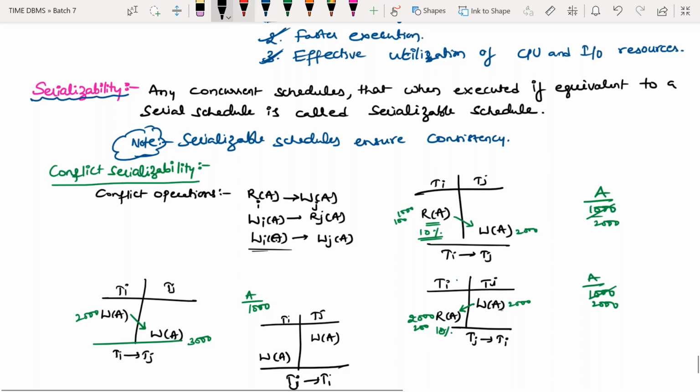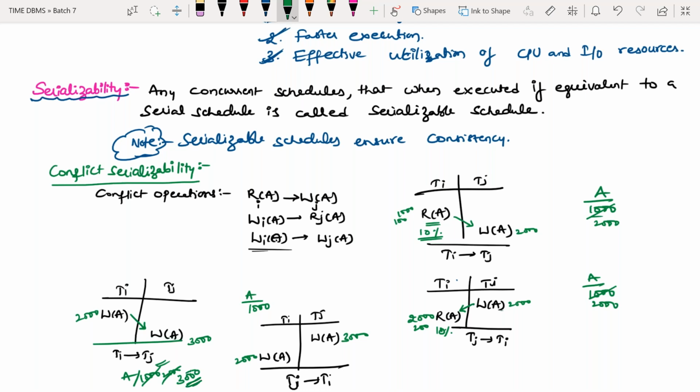Now look: the value of A is 1000, Ti is changing it to 2000, Tj is changing it to 3000. If it executes in the order from Ti to Tj, the value of A becomes first 1000, changes to 2000, then changes to 3000, because Tj is the last one.